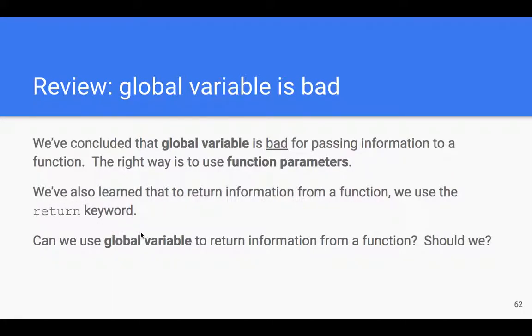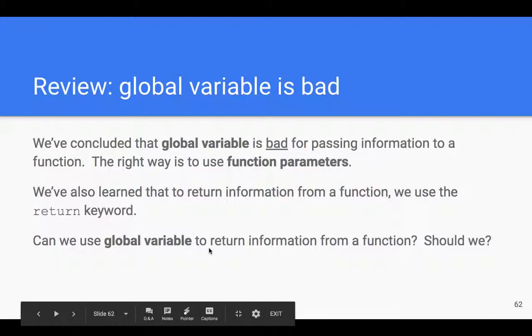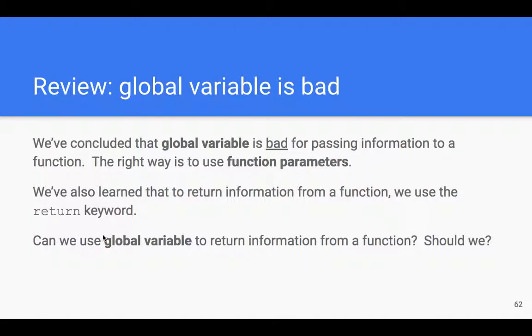Now, we didn't quite talk about whether we can use a global variable to return information from a function. That's what we're going to talk about today, to help us understand what global scope and local scope mean.